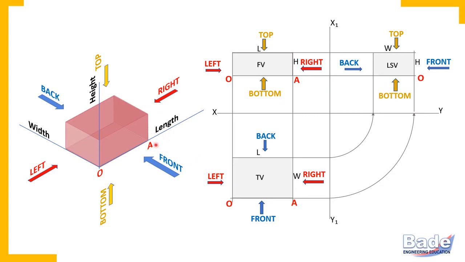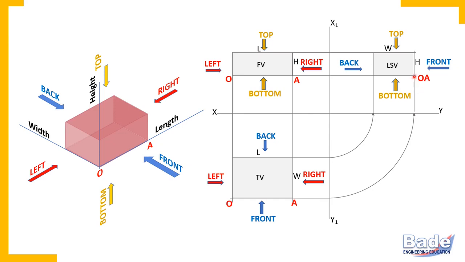Now let's check where is point A in the side view. Point A is on the right side. Has no significance when you want to know point A in the side view. In the side view, right, left, you cannot differentiate. So you should check whether point A is on the front or back. So point A is on the front side. And then you check whether point is at top or bottom. So point A is at bottom.